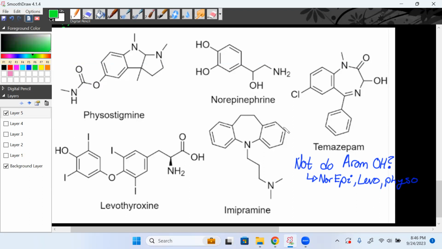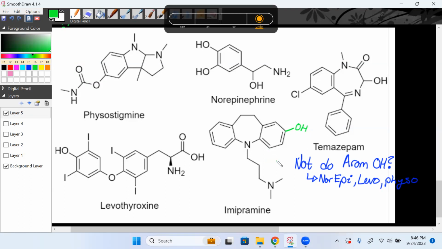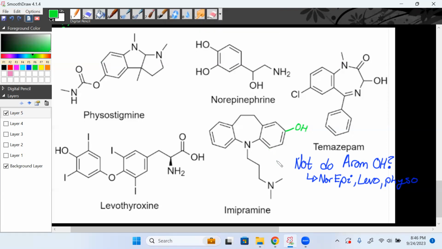Someone asked maybe about imipramine, and imipramine has these nice open benzene rings that it could be doing. Yes, levo is definitely an option because, are you asking about what if it's para to the iodine?